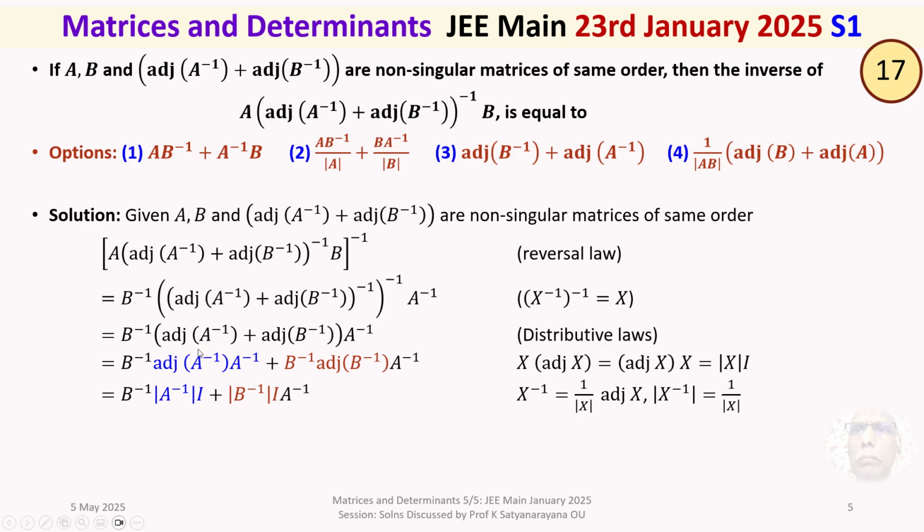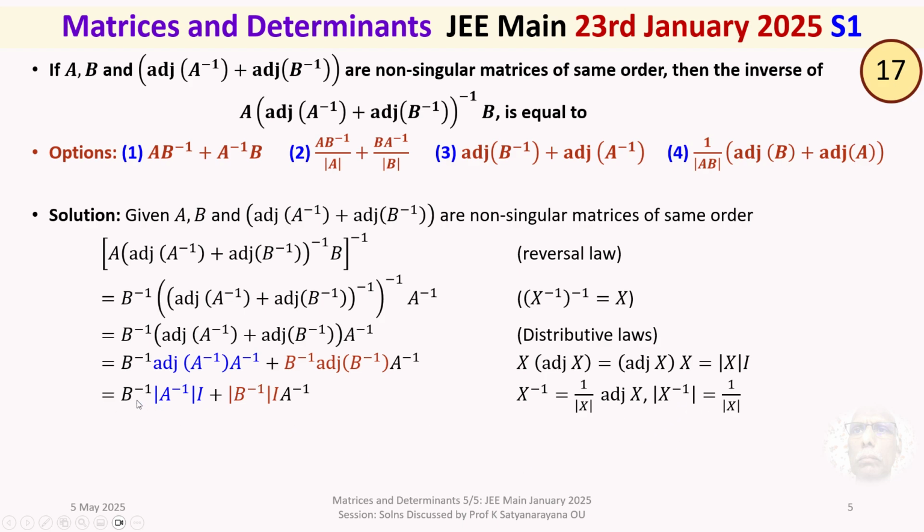So this is equal to B inverse into the determinant of A inverse into I plus the determinant of B inverse into I into A inverse. Right. Now for A inverse, we write the formula x inverse is equal to 1 by determinant of x into adjoint of x, and here determinant of A inverse is there, and that will be 1 by determinant of A. Determinant of x inverse is 1 by determinant of x.